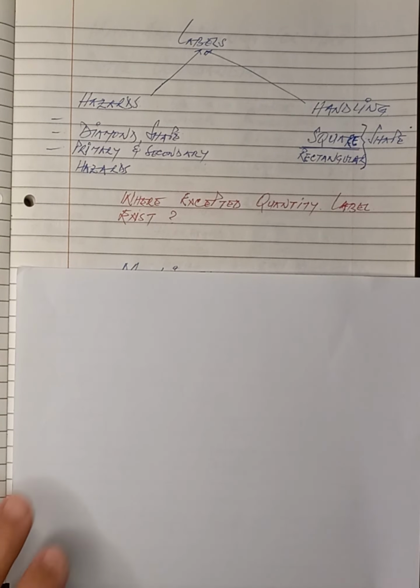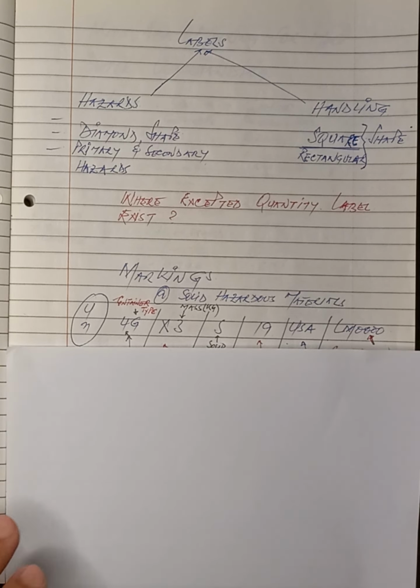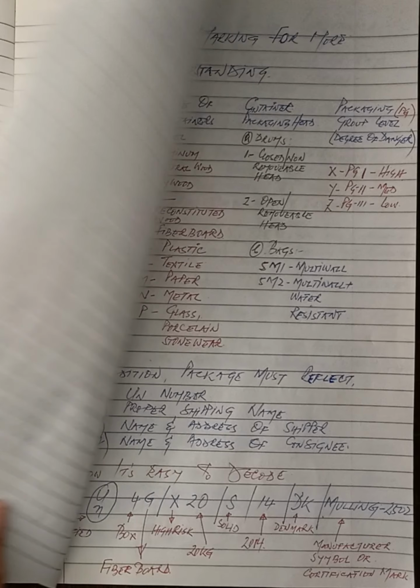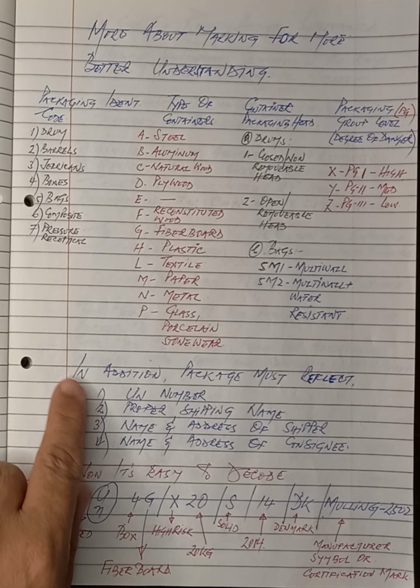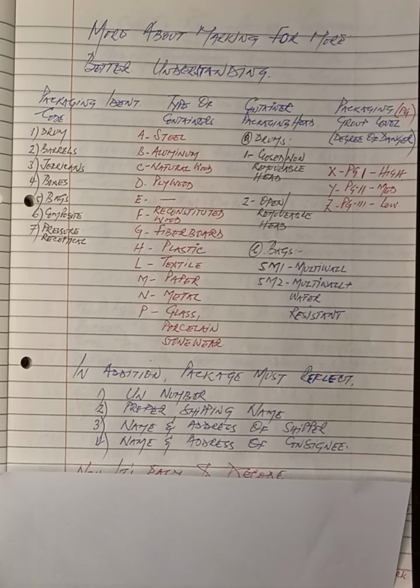Now we need to discuss some important points about markings, how we can read those markings available on the box. You must have noticed many times, one appears like this way, you must have seen, and one in kind of plain language, like UN number, proper shipping name, name and address of shipper, name and address of consignee.